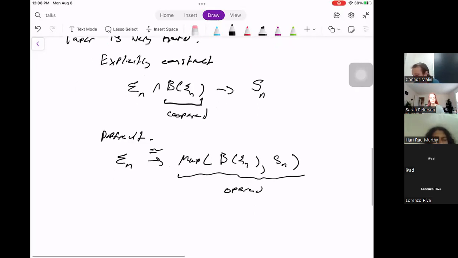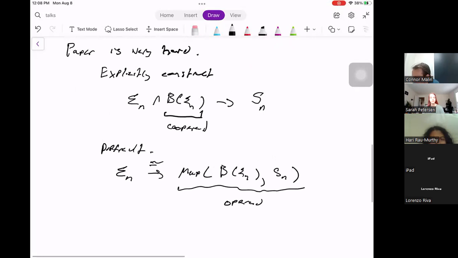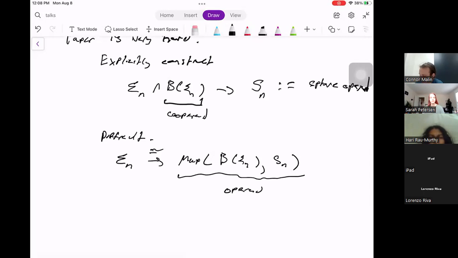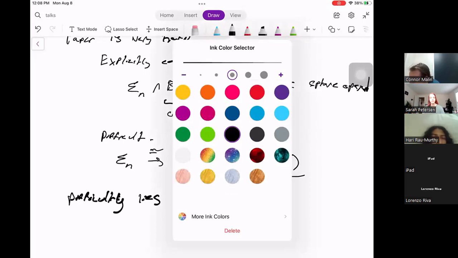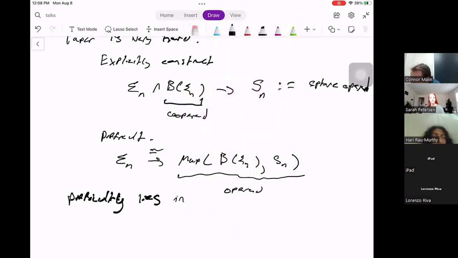And what is S_n here? This is a sphere operad. I'll define that later. The difficulty lies in the formulas: even though you have an explicit formula, that doesn't make it easy to do things with it.